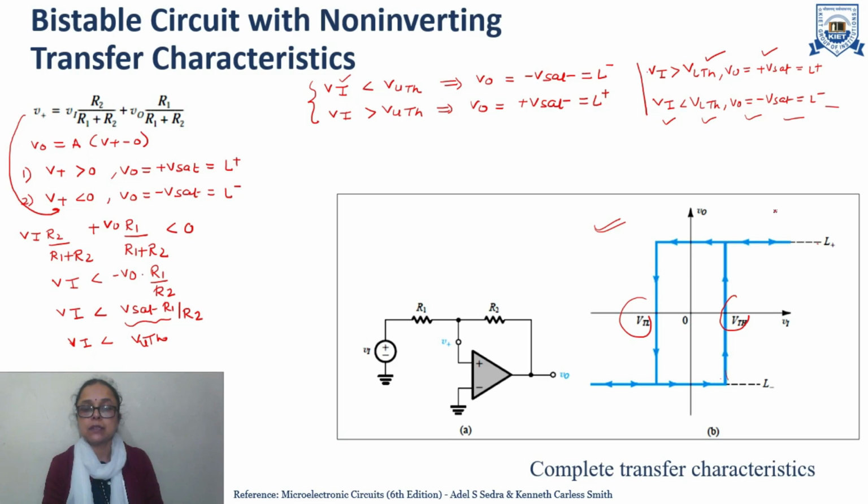Similarly, the reverse: when the input is greater than the lower threshold voltage, the output is plus Vsat, and when the input is less than the lower threshold voltage, the output is minus Vsat. And this is the hysteresis part, where the circuit will behave as a memory element.